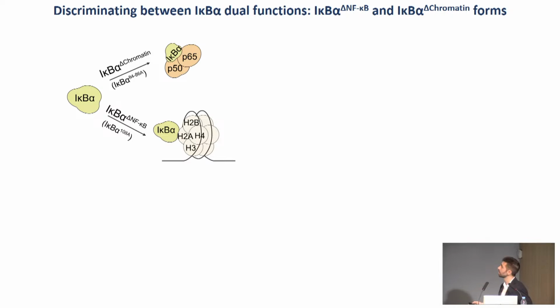And on the other hand, we were able to generate other mutants of IKBKB alpha that were not able to interact with NF-κB, mainly the heterodimer P50, P65. However, the ability to interact with the histones remained.